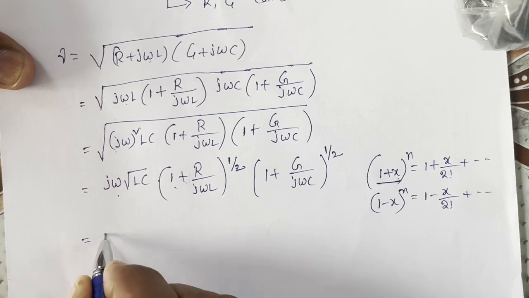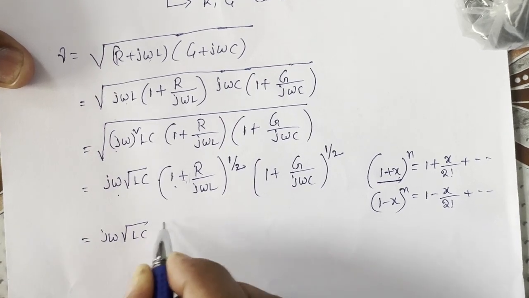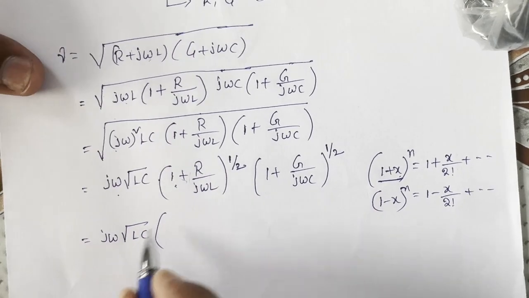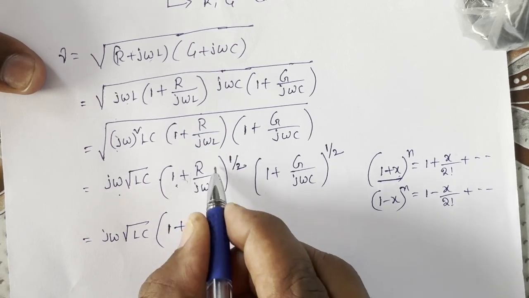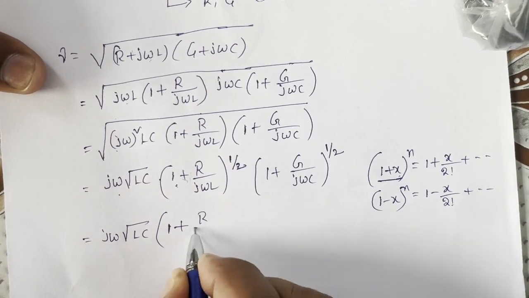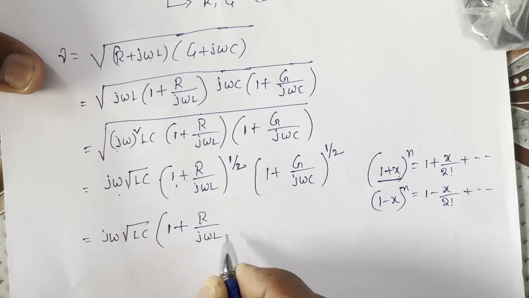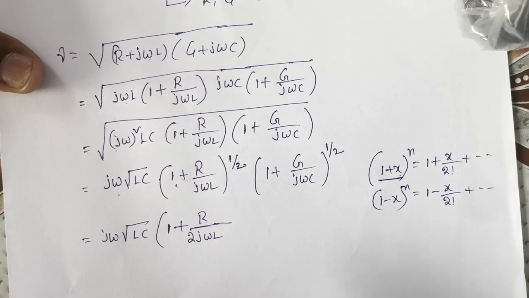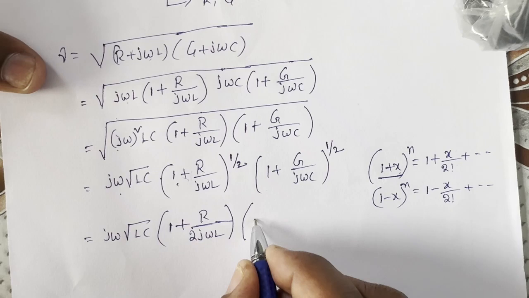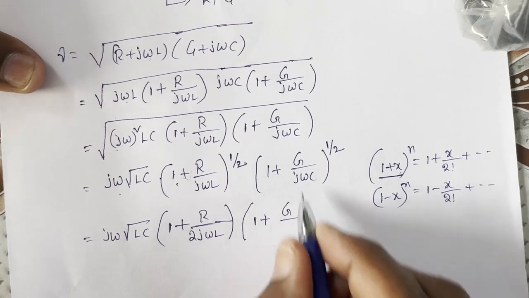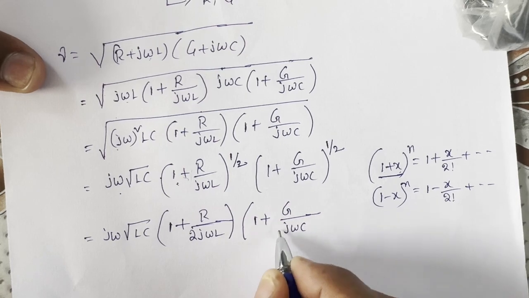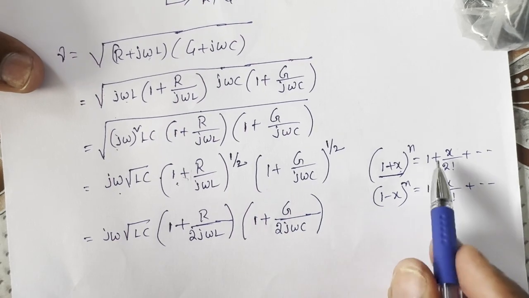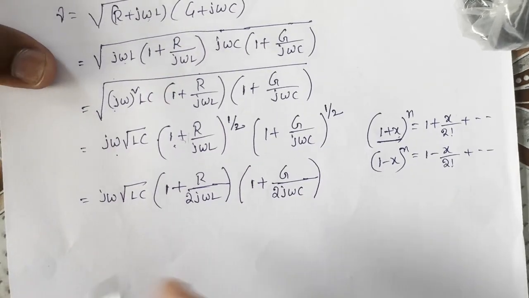By expanding, j omega root LC into 1 plus x by 2 factorial plus up to so on. So 1 plus x value means this entire term R by j omega L into 2 factorial means 2, 1 plus G by j omega C into 2 factorial means 2. Now it is expanded by using this formula. Now I am multiplying internally.